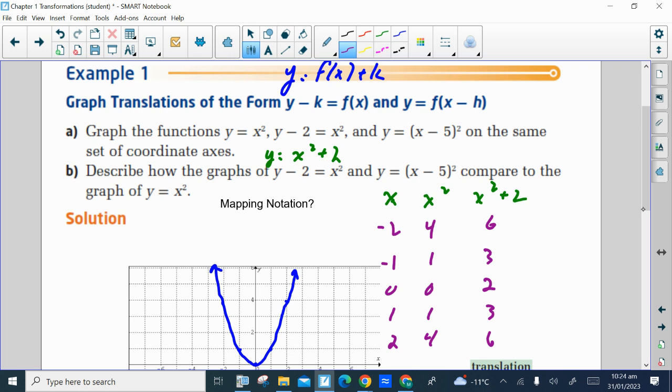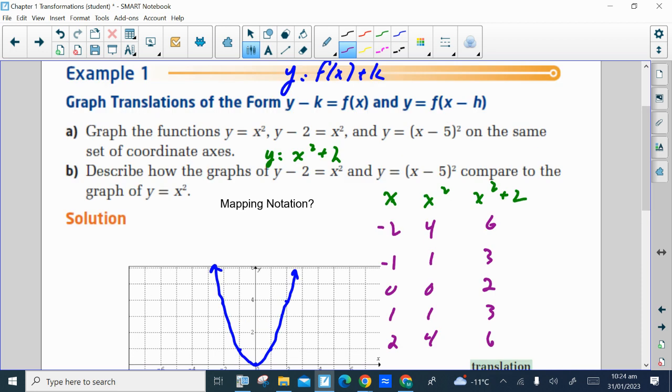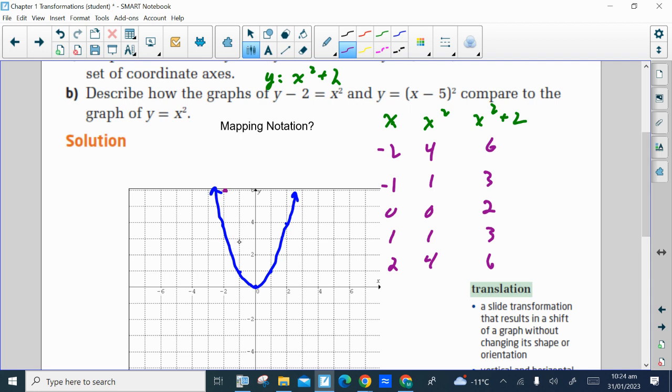So for y equals x squared plus 2, this gives us our new points: negative 2 comma 6, negative 1 comma 3, 0 comma 2, 1 comma 3, and 2 comma 6. So this is the graph of y equals x squared plus 2, whereas the original one was just y equals x squared.